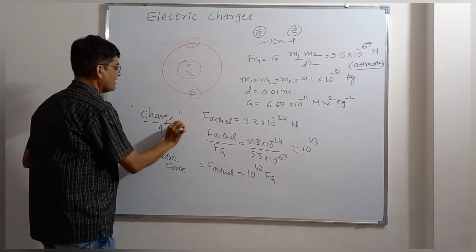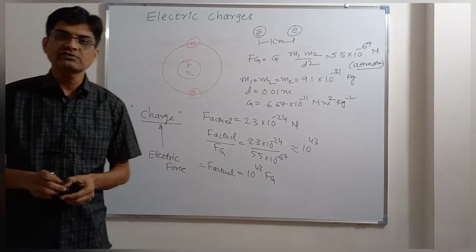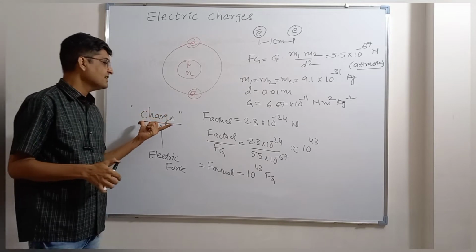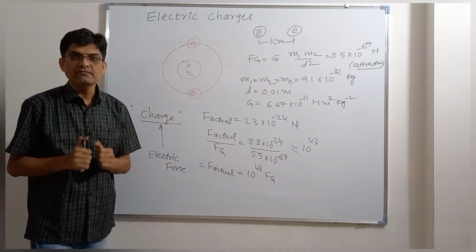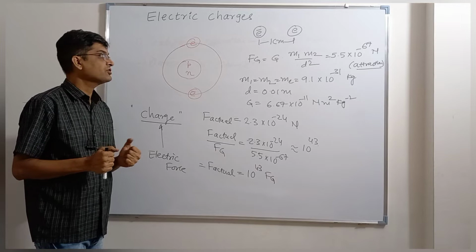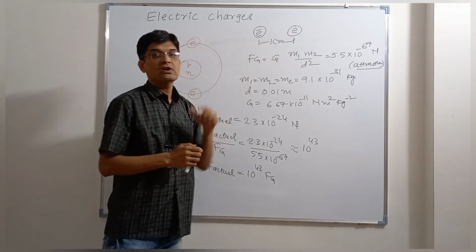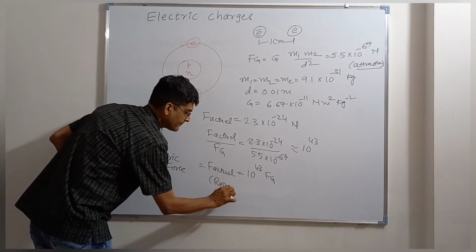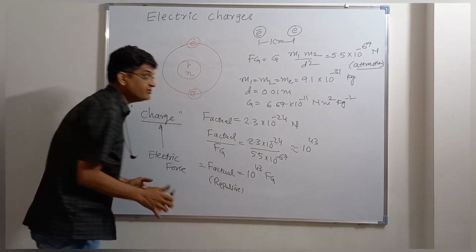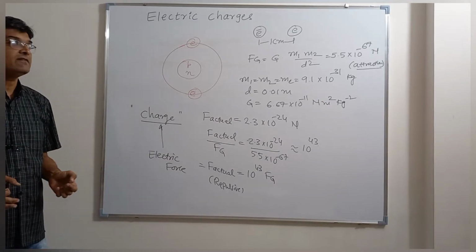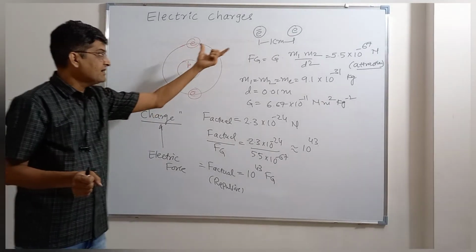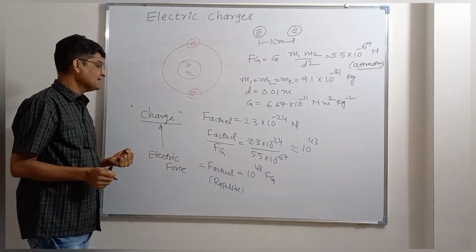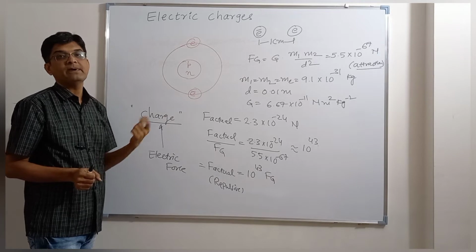Right? So now we have got to the root of the definition: charge is the property of matter by virtue of which there is a very strong force of repulsion between two electrons, and this force is repulsive, not attractive. So it is different from gravity, because gravity tends to attract two objects. Here it is repelling. So what do we conclude from that? That like charges repel each other.